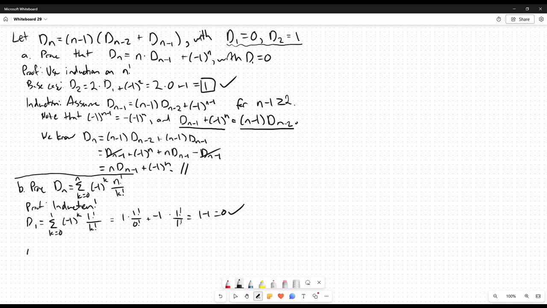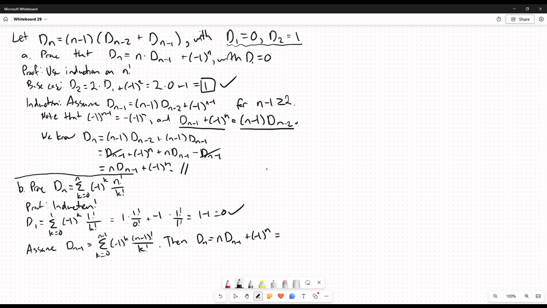Now, we're going to assume that d of n minus 1 equals my formula, replacing everything that's an n with an n minus 1. We'll have the sum from k equals 0 to n minus 1 of (-1)^k, (n minus 1) factorial over k factorial. Then d of n is just going to equal n times d of n minus 1 plus (-1)^n.